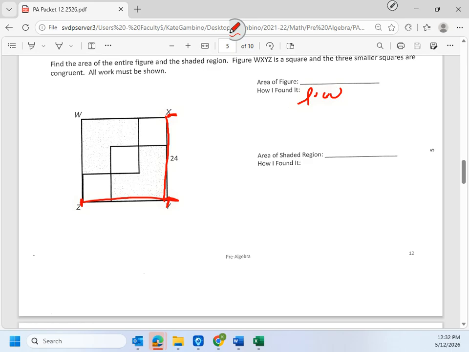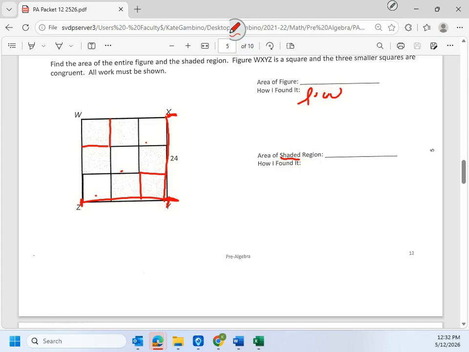Then we need to find the shaded area. Knowing that it is a square and these are white squares, you should be able to figure out what the 3 white square areas are, subtracted away from the full figure area. Or you could divide the shaded area into 6 shaded squares and figure it out that way too.